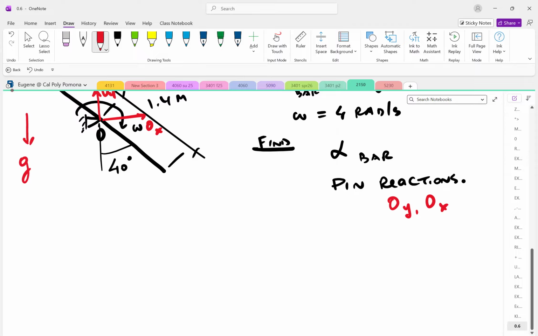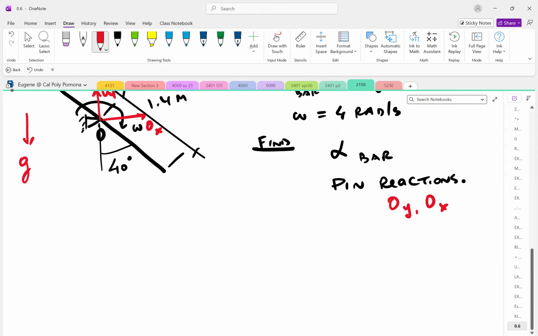Okay. Now, where do we dig out the pin reactions? The pin reactions have no moment about O, right? So the only way we can do that is if we go to the translational equation: force equals mass times acceleration of the center of mass.